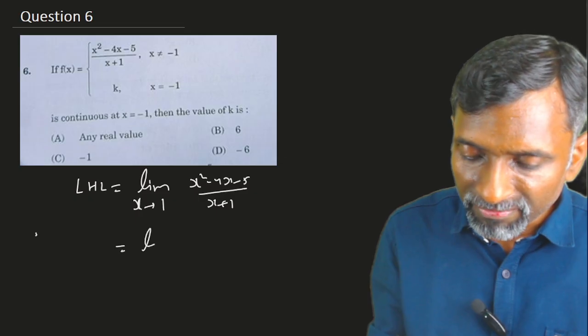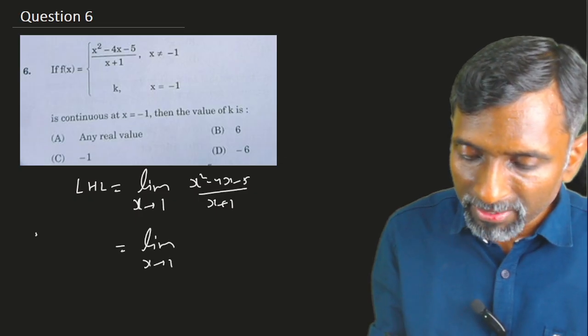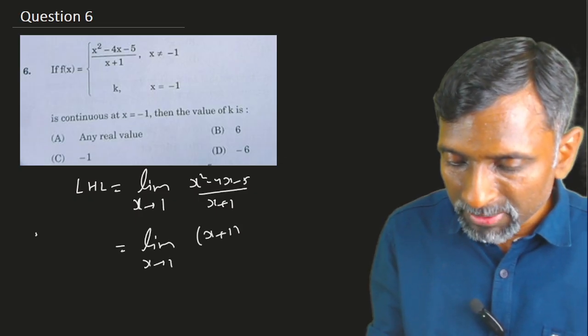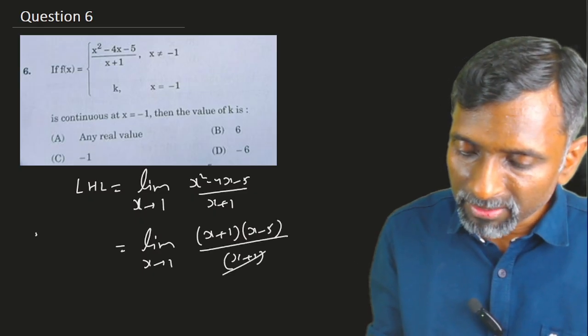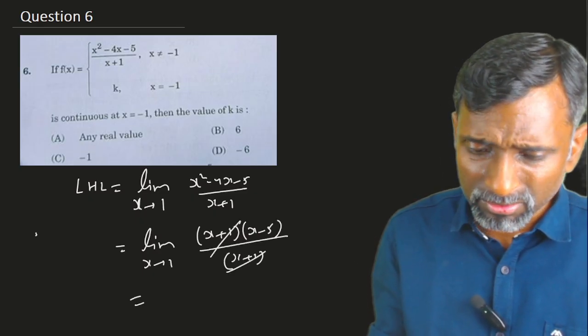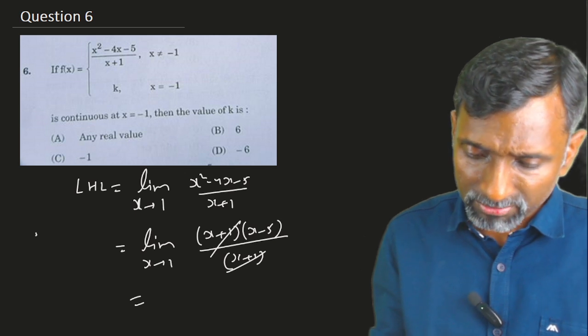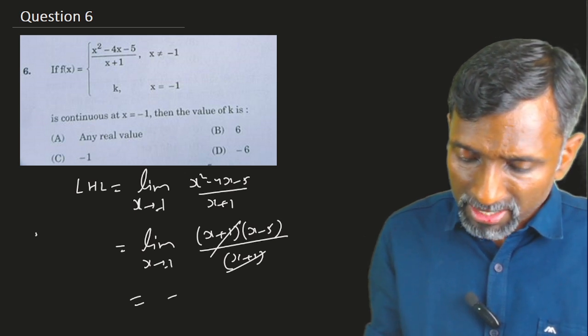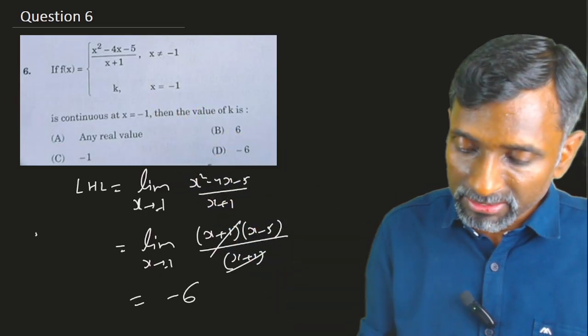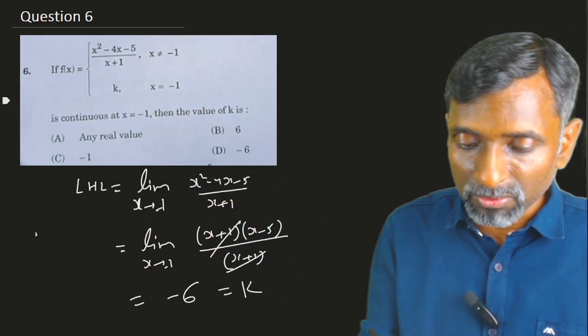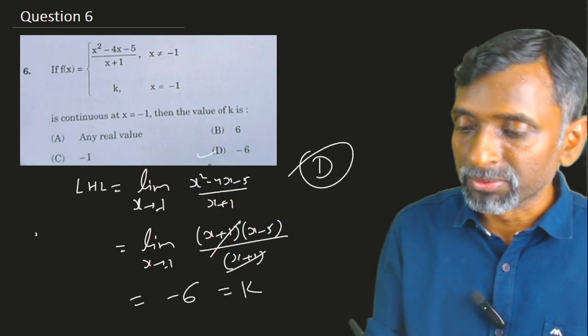Factoring the numerator, we get x plus 1 multiplied by x minus 5, divided by x plus 1. So we cancel. The answer tends to minus 1 minus 5, so it is minus 6. And at x is equal to minus 1, it is given k. So k is equal to minus 6. So option D is the correct answer in this question.